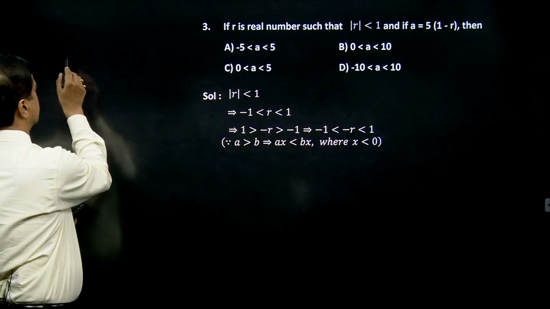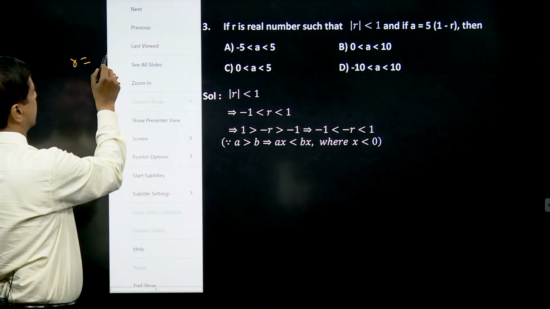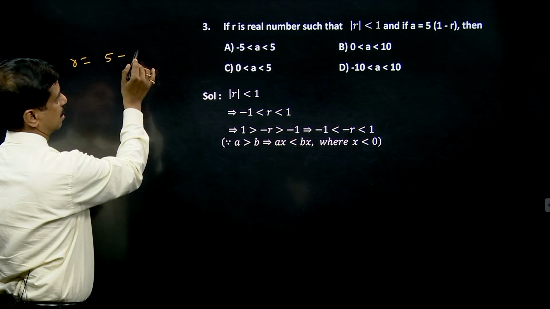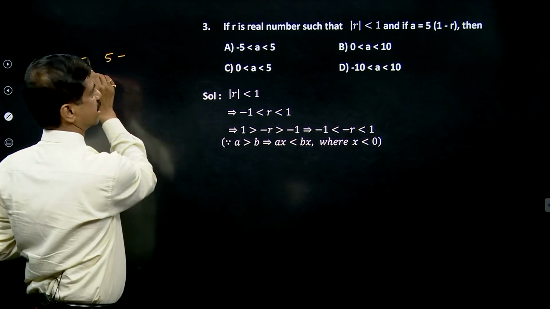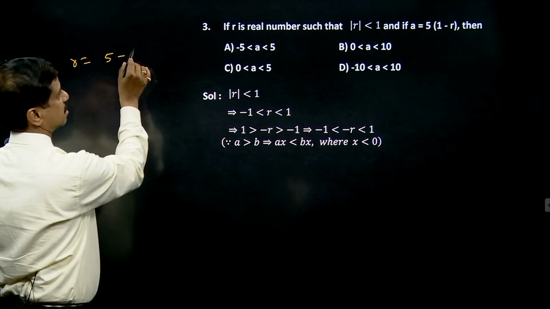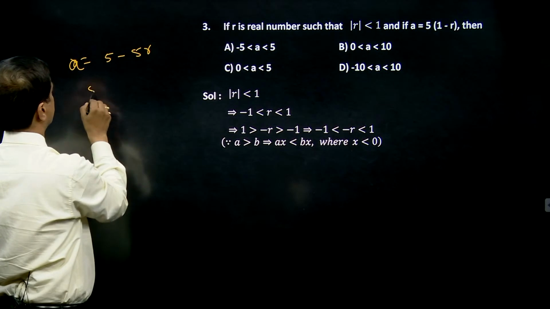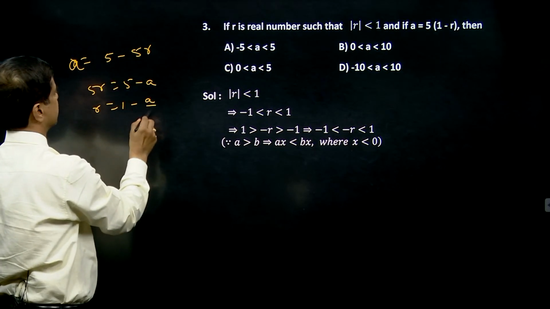You see, A equals 5 minus 5R. So 5R equals 5 minus A, R equals 1 minus A by 5.